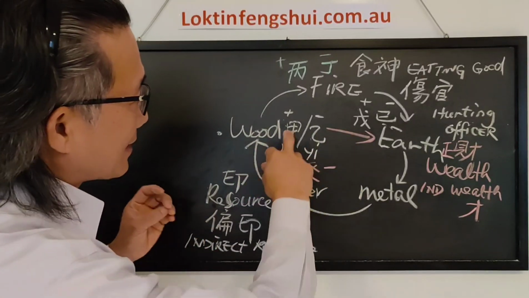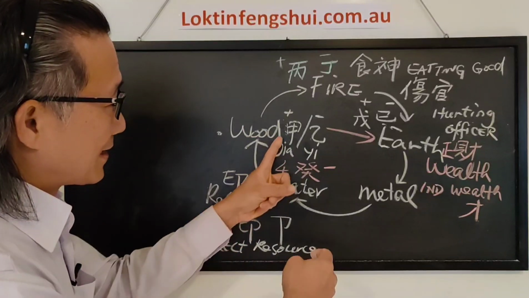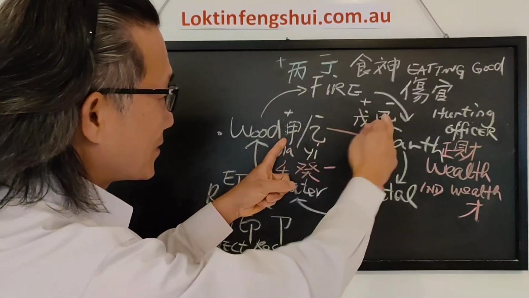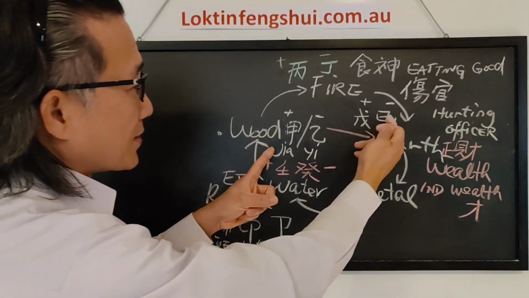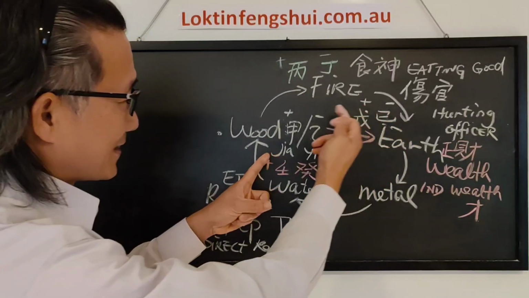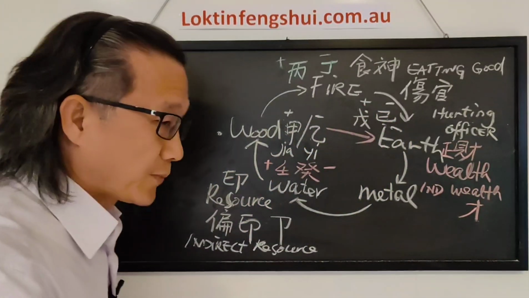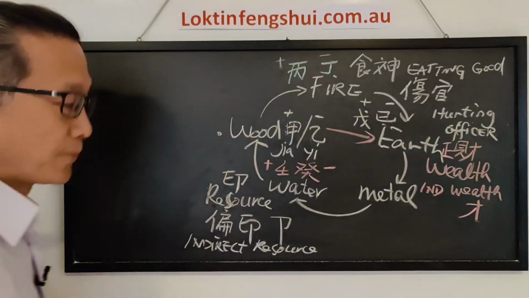So there's also another special combination. If you can remember, the stems Jia and Ji, they combine. So that means the wealth is combined with the Jia. That means the wealth is coming to you.